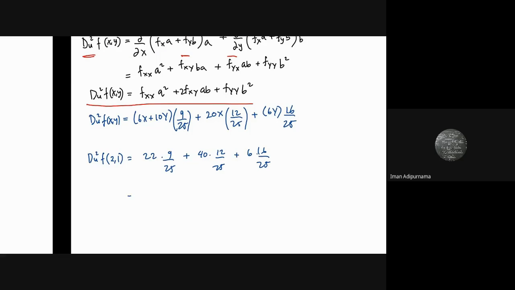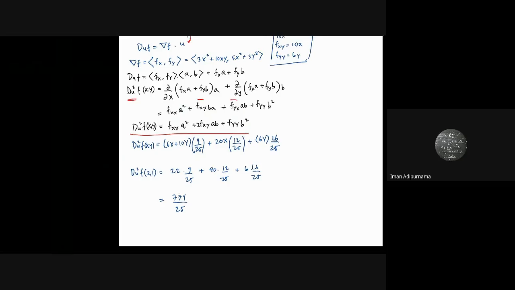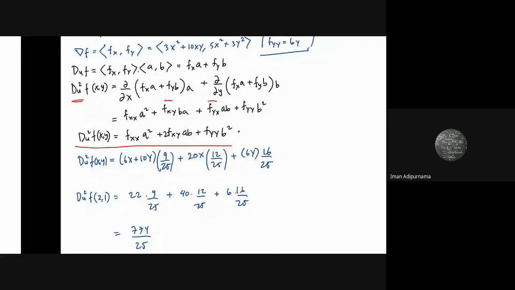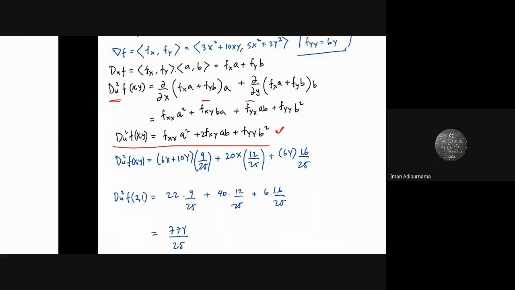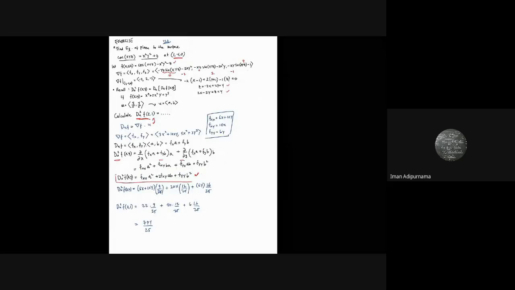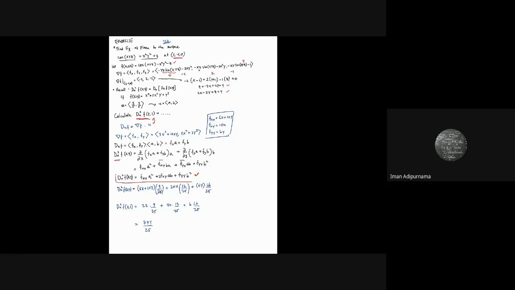With a little bit of calculation, you will get the answer 774/25. Okay, so this is the formulation for the second partial that you can take, and you can also use it if you have another second directional derivative. And that's just additional notes for chapter 14.